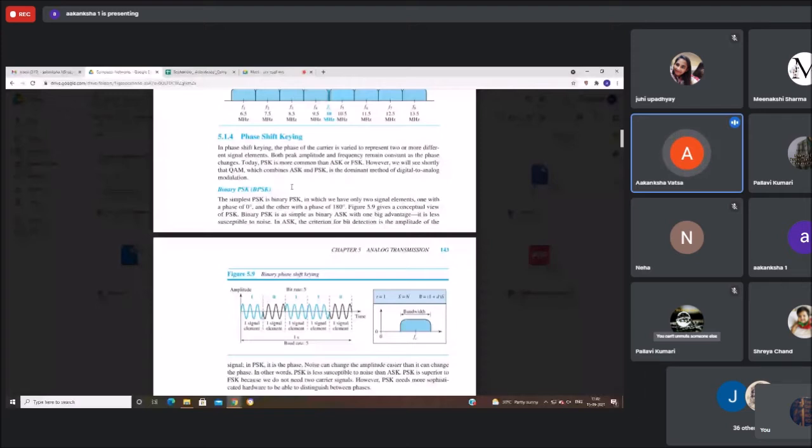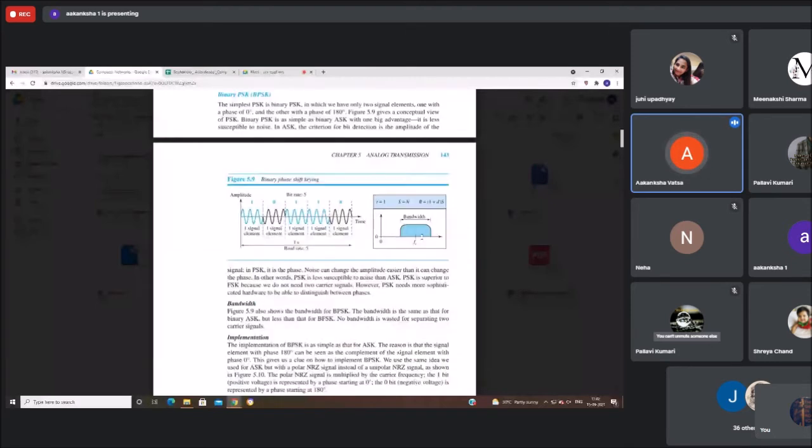Now here also you can see for binary PSK, the right-hand rectangle in figure 5.9, you can see the bandwidth here is also 1 plus D into S, and the carrier frequency is also located in the middle, that is FC.